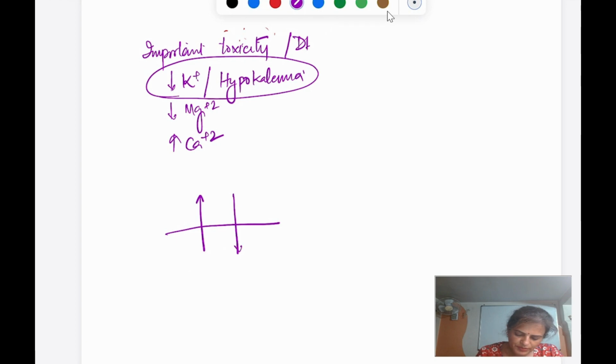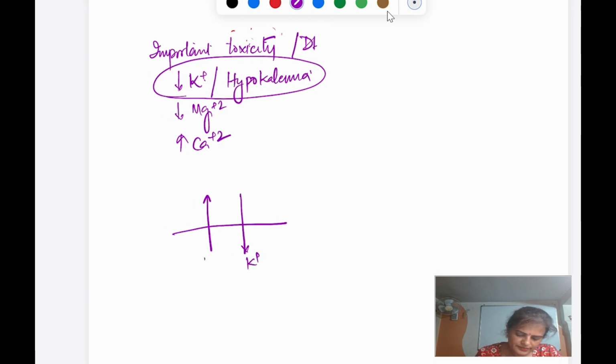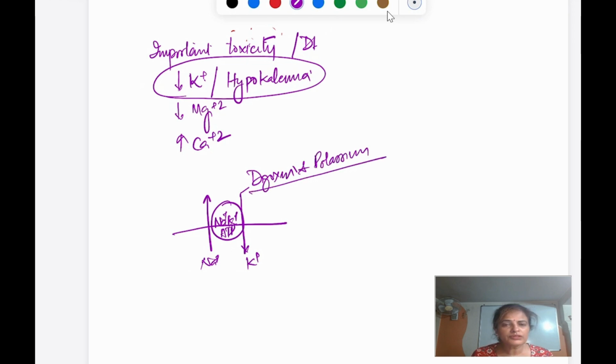Sodium will move outside, potassium is intracellular, so potassium moves inside with the sodium potassium ATPase. Now digoxin binds with this enzyme and it inhibits this. For this enzyme there is a competition between digoxin and the potassium ion. Now both bind with this enzyme.